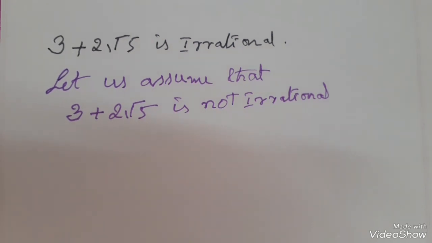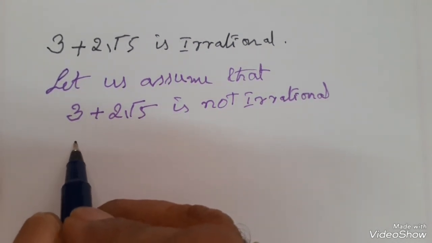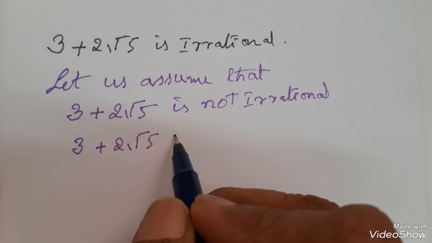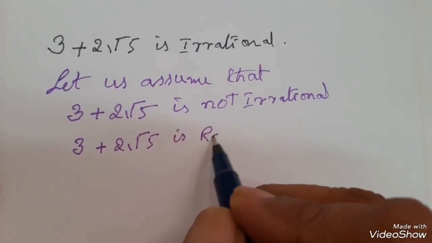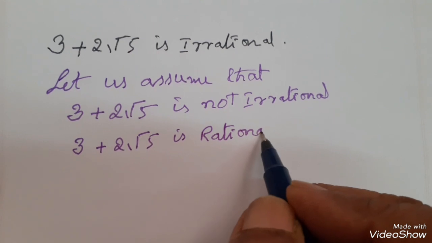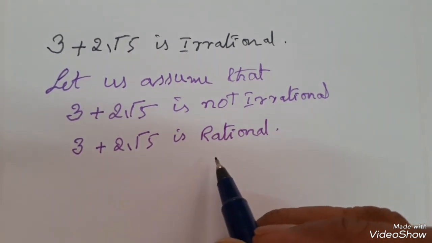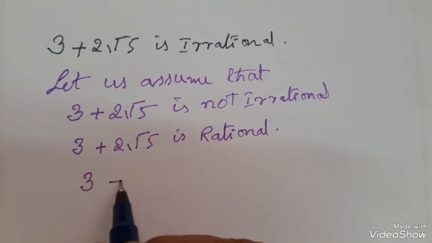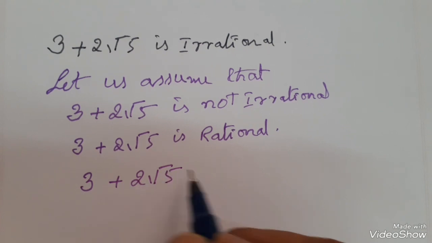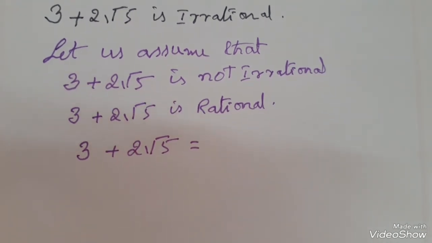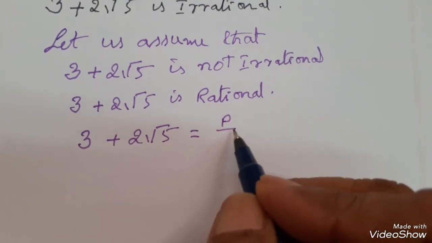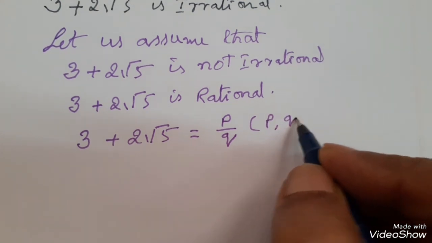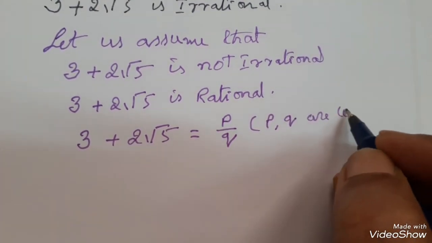So when it is not irrational, then 3 plus 2 root 5 is rational. As we know, any rational number we can express in p by q form. So you can write 3 plus 2 root 5 equal to p by q, where p and q are both coprimes.